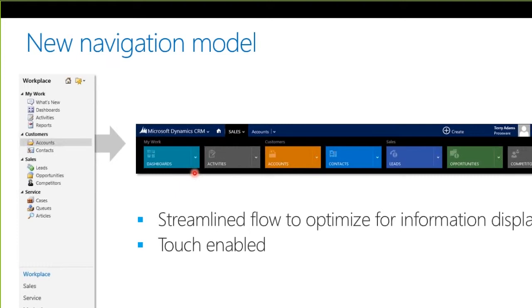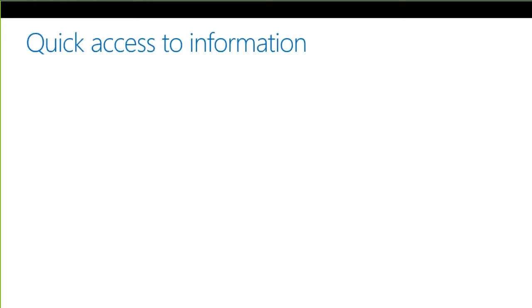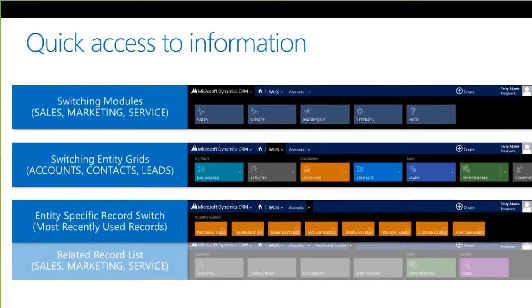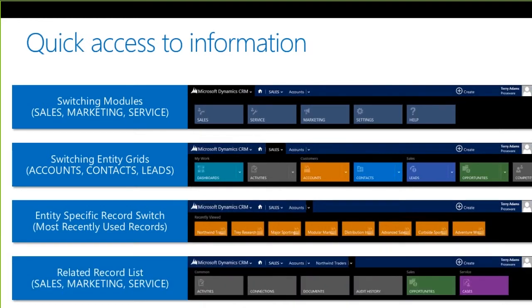So if you're working from a new touch screen, let's say with Windows 8, if anybody's ventured into that arena yet, you'd be able to utilize that touch screen on either tablet or other Windows 8 devices. So this gives you a bit of a breakdown on how you would navigate different modules. All I'm focusing on right now is really the navigation on how to get to the information. We're going to take a look at the forms in the next section here.